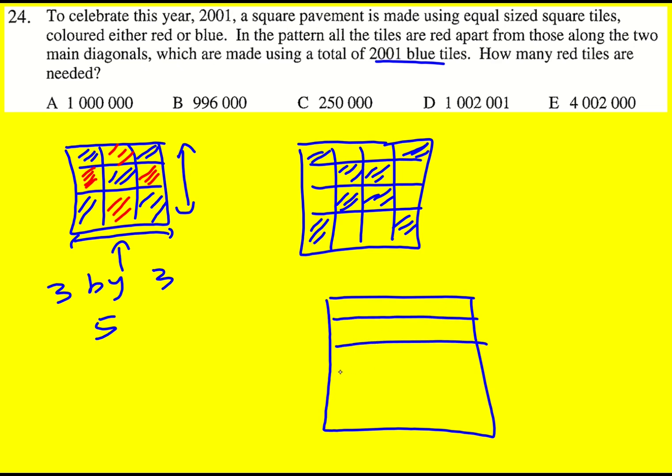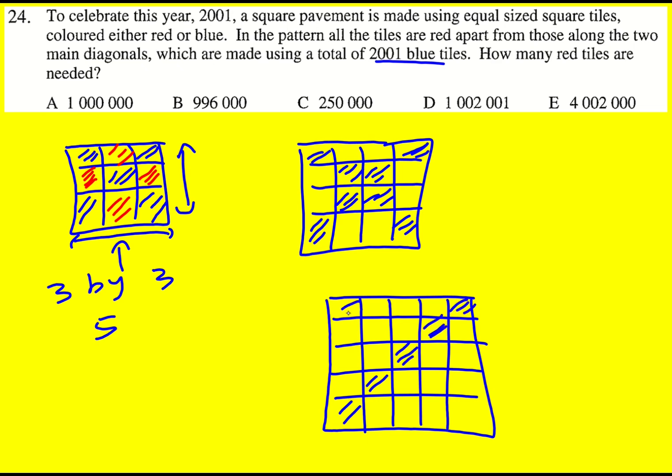Let me go up to a 5x5, because what we need to do is see how it's working in general. Then I get 5 here along the diagonal, and then I get another 4. If we think about n by n, then we're going to get n along one of the diagonals plus n along the other diagonal.